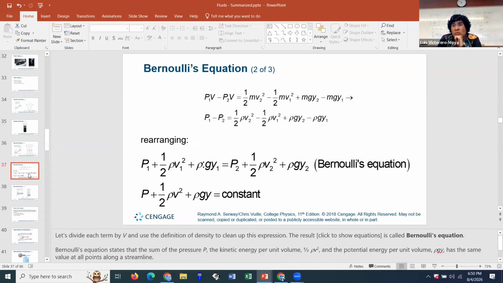I can use that to understand the pressure difference between the top and the bottom of the wing of an airplane. Let's see all the consequences of that equation. That equation is very important in physics and in aerodynamics.